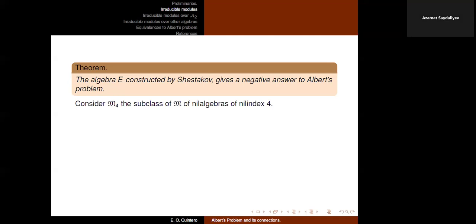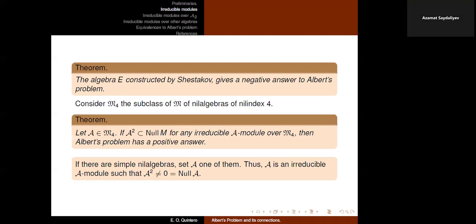Now consider M4, the subclass of the commutative power-associative algebras where we fix the nil index as 4. If we take an algebra A in the class M4, and A squared is a subset of the annihilator of any irreducible A-module over the class M4, then Albert's problem has a positive answer.